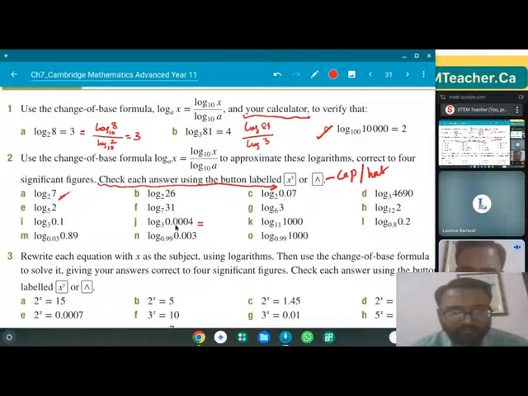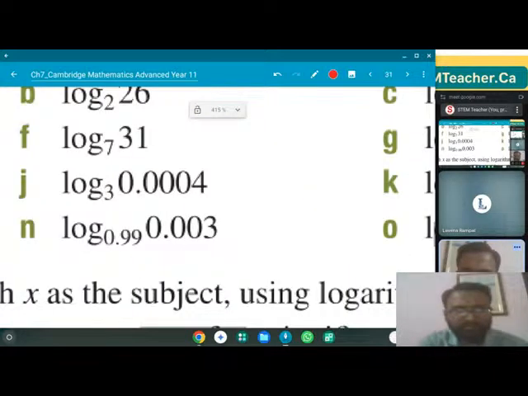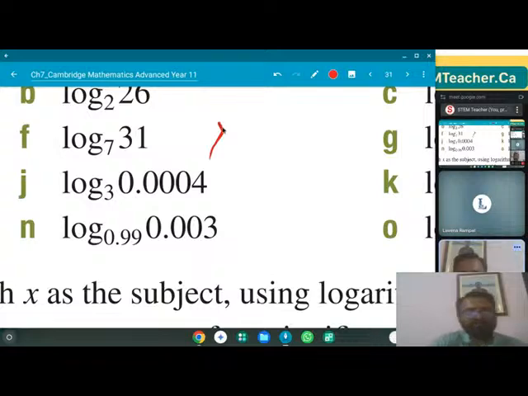What is this by 10? If you see this one, it is log 4 by 10 power 4 base 3.